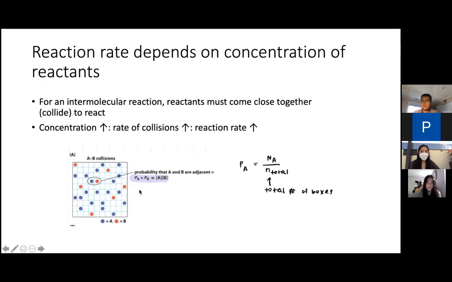And PA and PB here are equal to the total number of molecules of A or B over the total number of grid boxes.